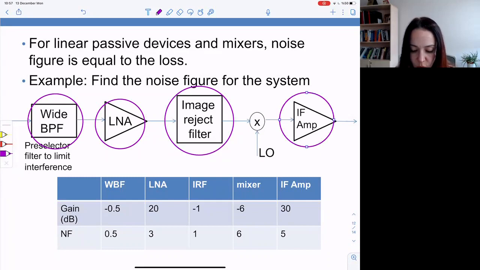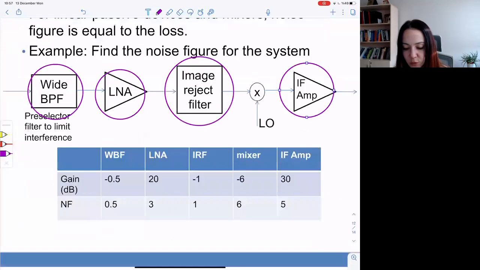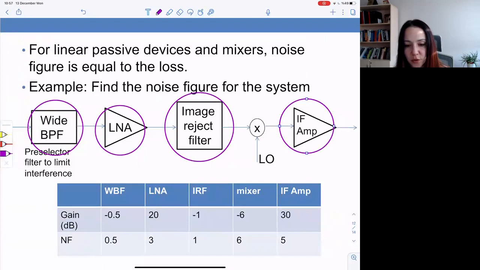Okay, so the gains and the noise factors of all of these components are given, and you are asked to compute the effective noise figure of this system. And then we will use this as part of the link budget.